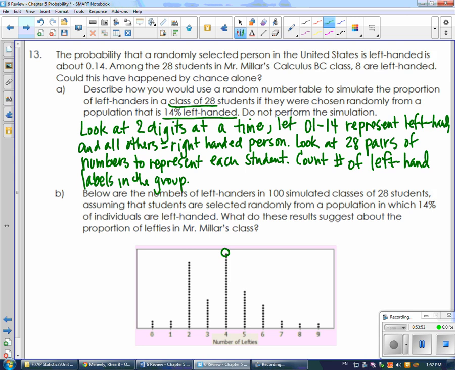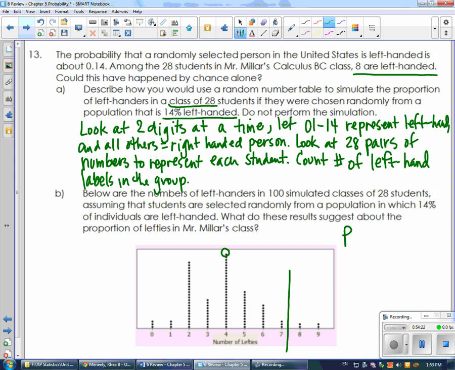So I want to know, below are the numbers of left-handers in 100 simulated classes of 28 students, assuming that the students are selected randomly from a population in which 14% of individuals are left-handed. What do these results suggest about the proportion of lefties in Mr. Miller's class? So we need to go back up to his class and look at it. He says there are 8 left-handed students in his class. So what I want to do is look at the proportion in my simulation that are 8 or more.